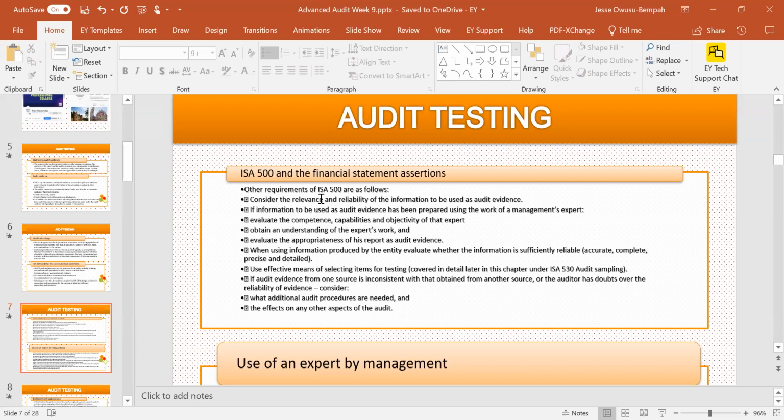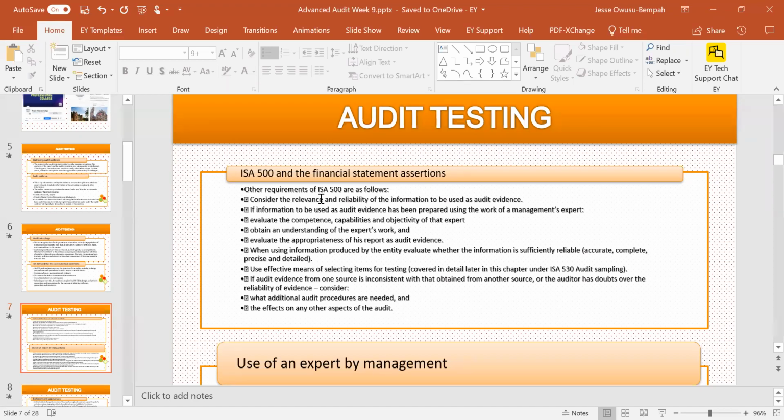If audit evidence from one source is inconsistent with that obtained from another source, or the auditor has doubts over the reliability of evidence, there are two things that will go through the auditor's mind. The auditor will begin to look at the impact on other aspects of the audit, right?